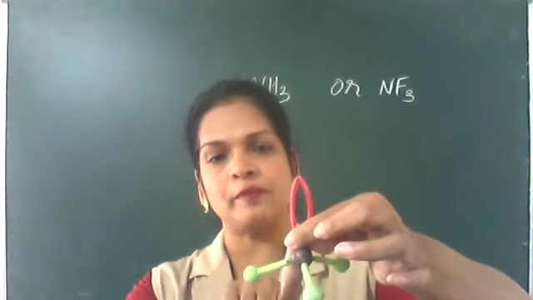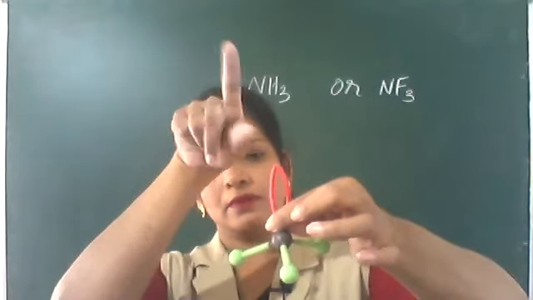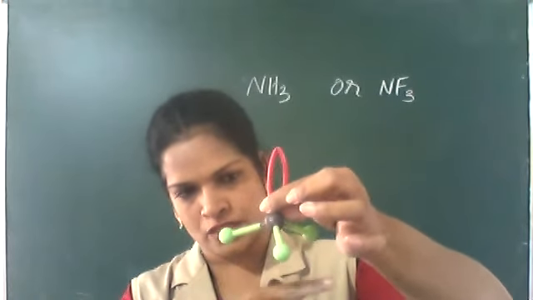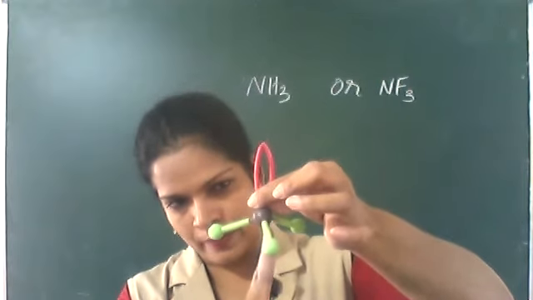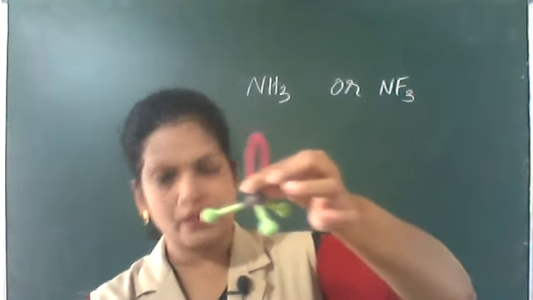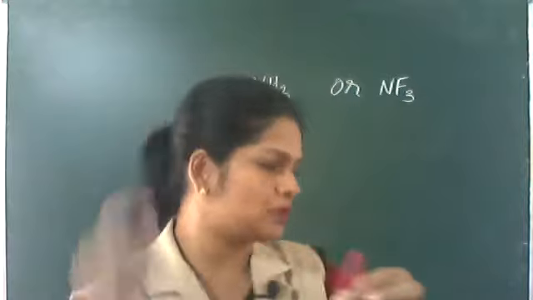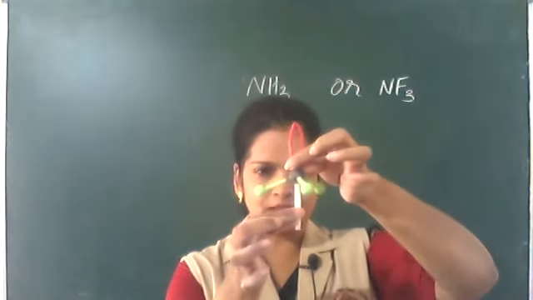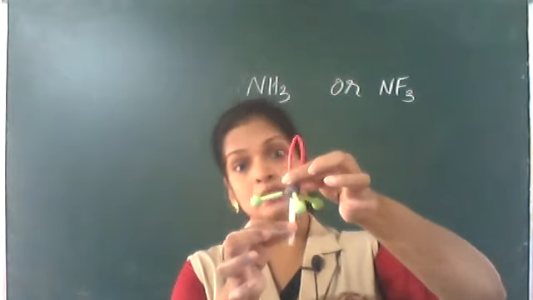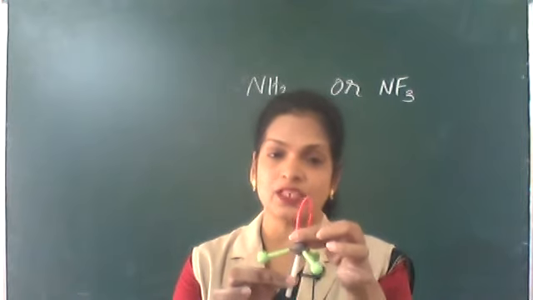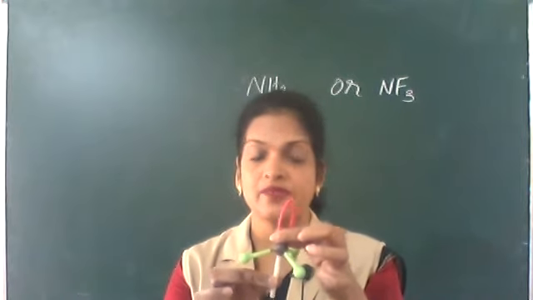And orbital dipole moment is always up. So since these are in this direction, this is towards this, this is towards this, the net dipole moment is towards downwards, but the orbital dipole moment is upwards. So there will be cancellation. When the cancellation takes place, dipole moment becomes very less.